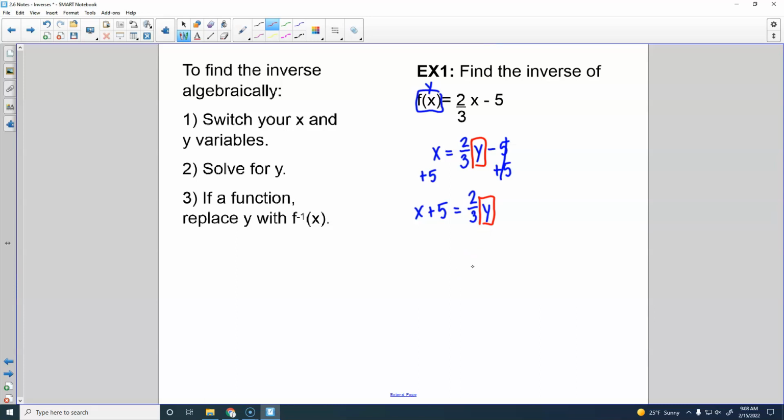Now we got to get rid of that 2/3. And it's a fraction, which makes some people nervous, but it's just a number. If it was like 7y, you probably wouldn't have that much trouble with this, right? It's just 2/3 y. So you're going to divide both sides by 2/3.